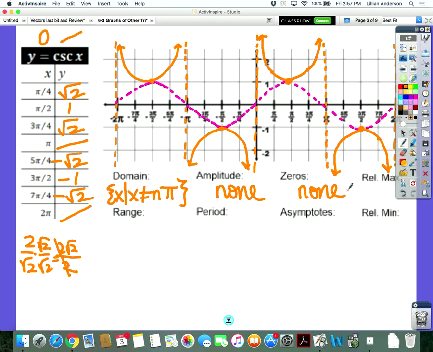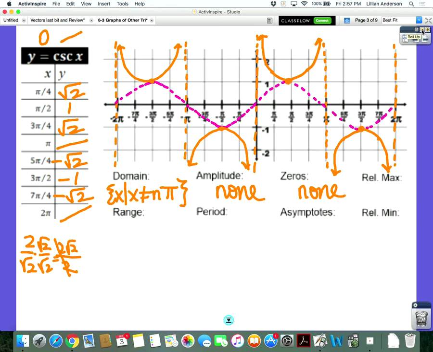All right? Now, if you have a look, our relative maximums, where are our maximums? Our maximums occur here and here. Where else? Those are maximums, the highest. So how would I represent this? I'm not going to have just one. I'm going to have infinitely many. Where are they going to occur? Every pi?